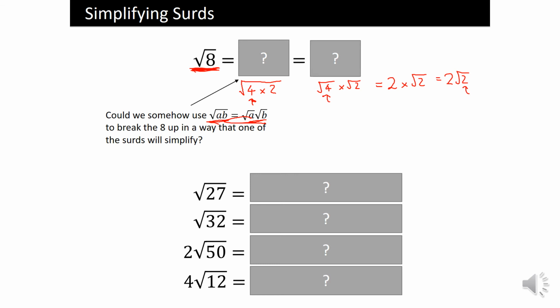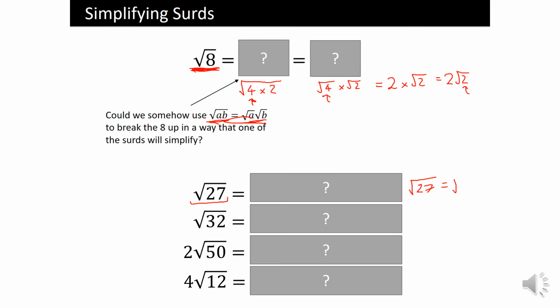Okay, so now let's have a look at some other examples of this. So let's do root 27. Again, we're going to be looking for a factor of 27 that is a square number. So let's have a go at this. We need to work out a factor of 27 that is square. So let's use 9.